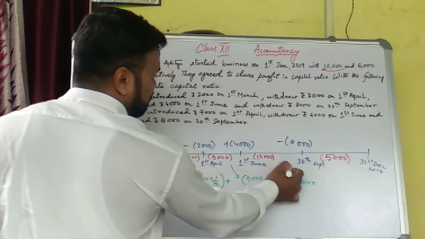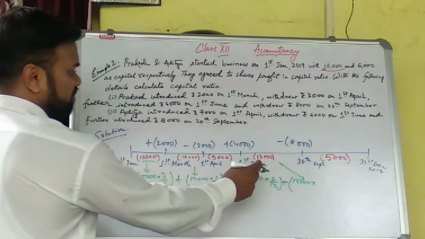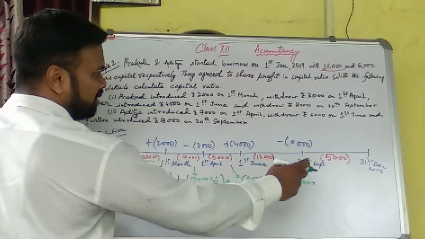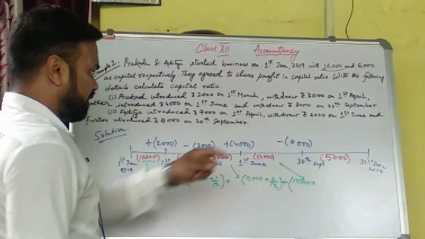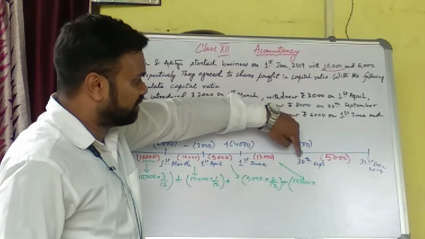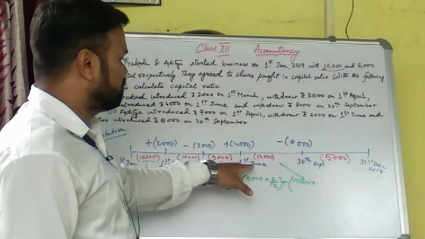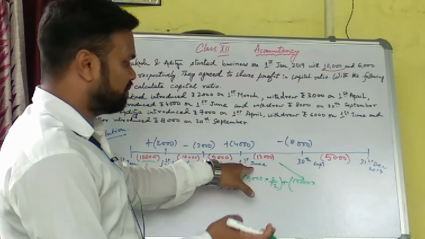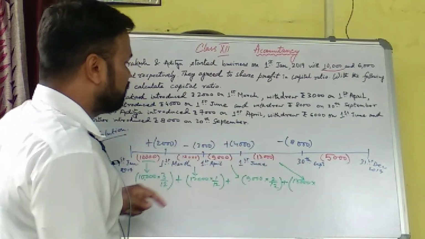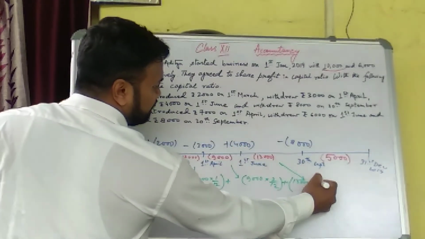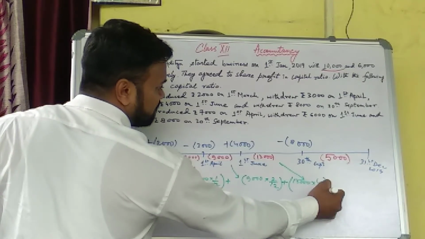It is being calculated on how many months? From June to September, 30th September. Since the date is 30th September, we are covering September also. So June, July, August, September, 4 months. We will calculate 13,000 on 4 months.